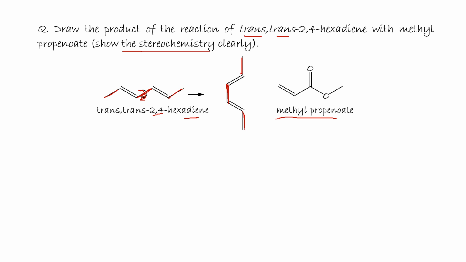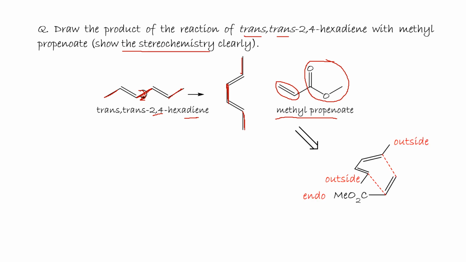React now with methyl propenoate. How we put these together? Again, this is the dienophile, and this is the withdrawing group here, which activates the reaction, but it has to be in endo. So we get this double bond, with the electron withdrawing group endo in the transition state.